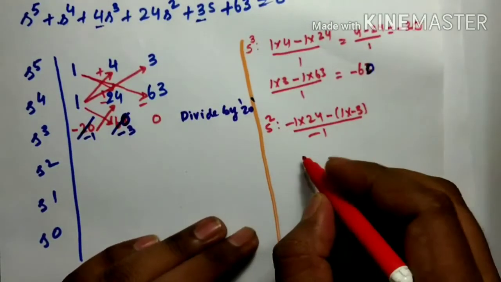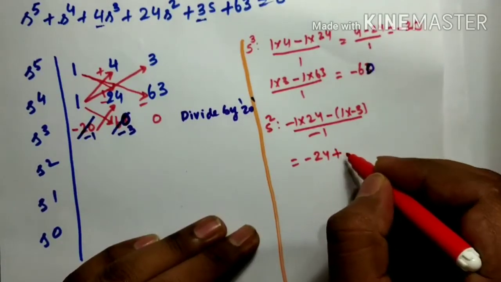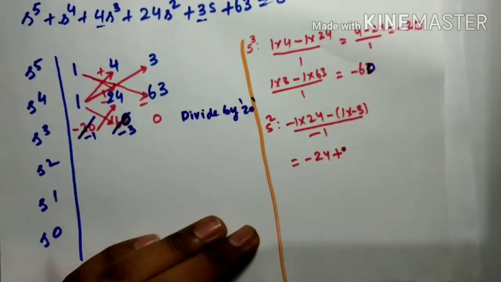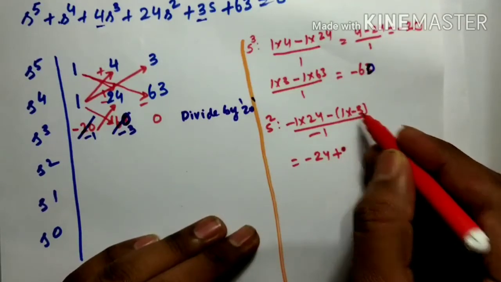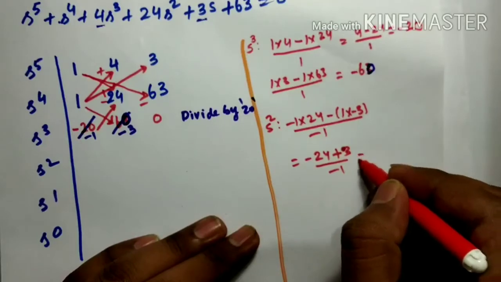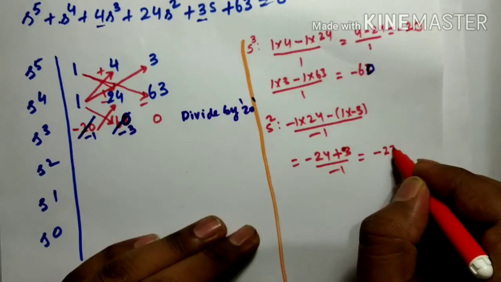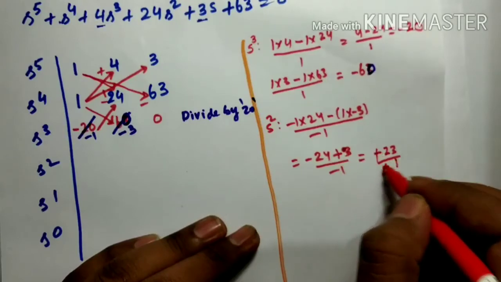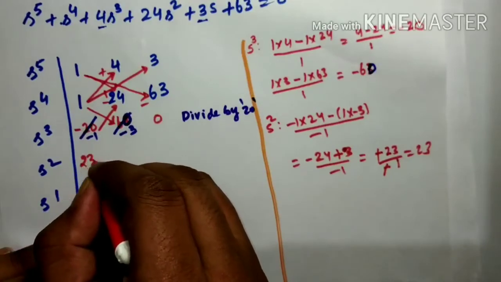So you get minus 24, minus into minus plus 3, so minus 24 plus 3 by minus 1. So you will get minus 21 by minus 1, so both minus signs cancel and you get 21. You write here 21.